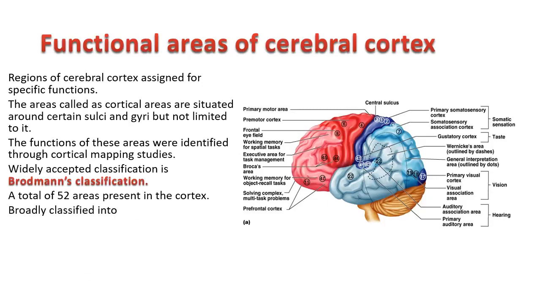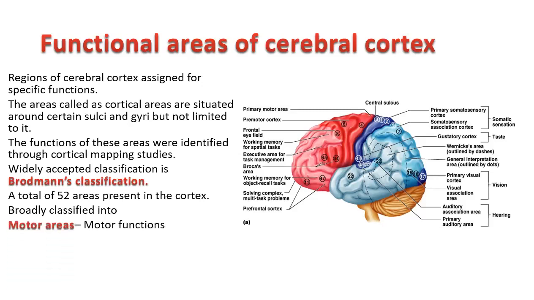Now, before going into those details, you can simply classify the whole cortex based on its function into, first, motor, performing all the movements. Second is sensory, the integration of all sensations: exteroceptive, proprioceptive and interoceptive.